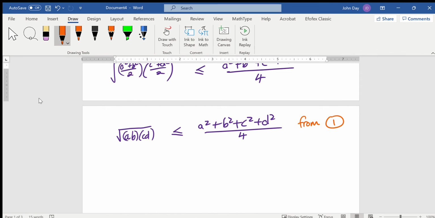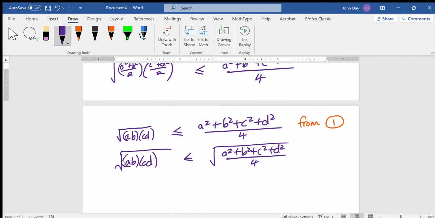All right, now we want to square root both sides, which is possible because we've got all positive numbers. Square root both sides. Left was already square rooted, so I need to square root it again.